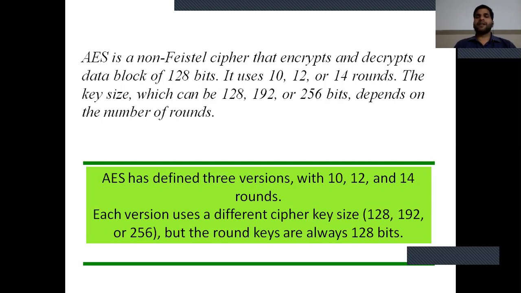AES has defined three versions with 10, 12, and 14 rounds. Each version uses a different cipher key size: 128 for 10 rounds, 192 for 12 rounds, and 256 for 14 rounds.